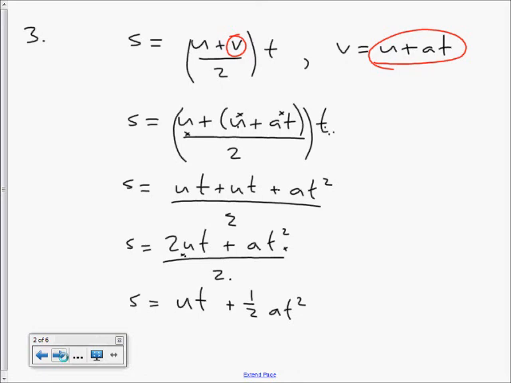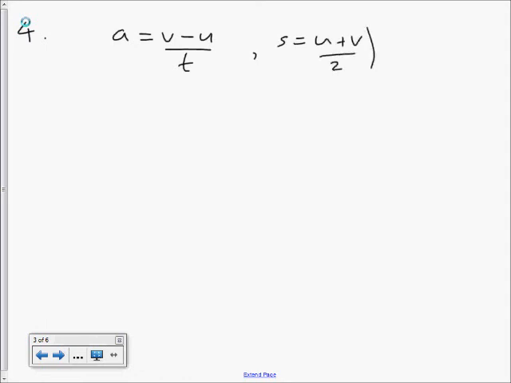Right, the last equation is really arrived at just through a bit of playing around. a equals (v minus u) over t. That's the first equation, just with a as the subject. And s equals (u plus v) over 2 times t. That's the second equation.